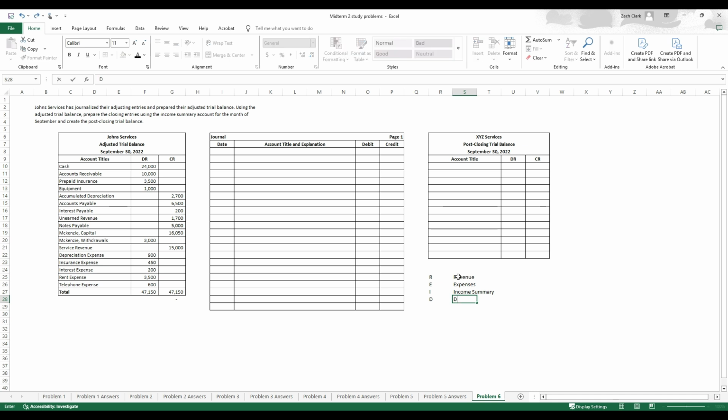And then finally, we close draws, withdrawals, same thing basically. The D really represents draws, but we're going to close draws to capital with the final step. So with that said, let's take a look here. We're doing this all again at the end of the accounting period that we're looking at, so September 30 in this instance.